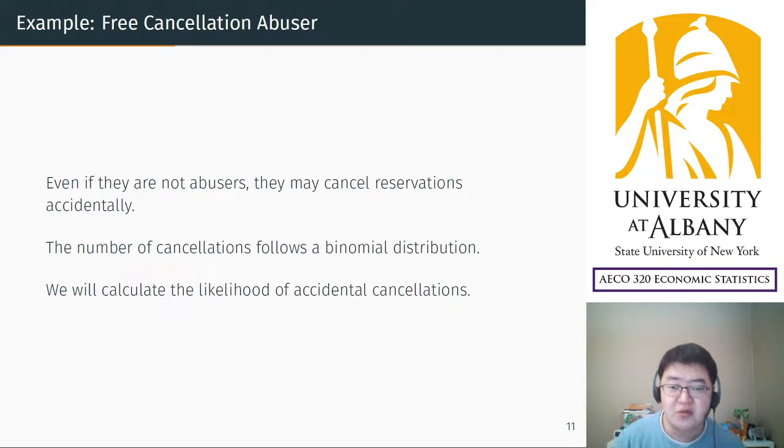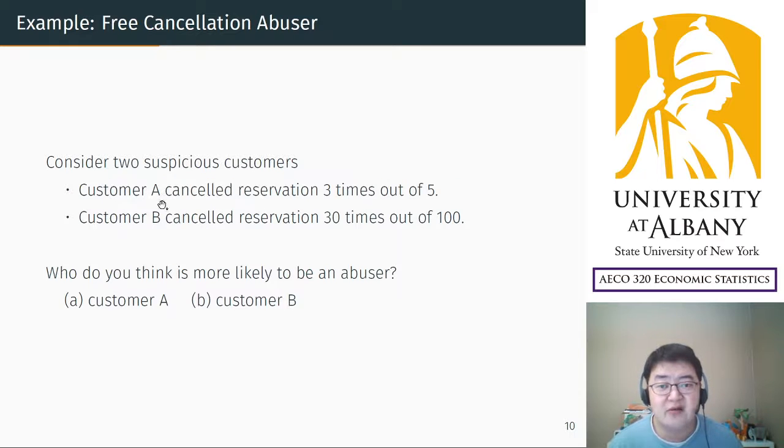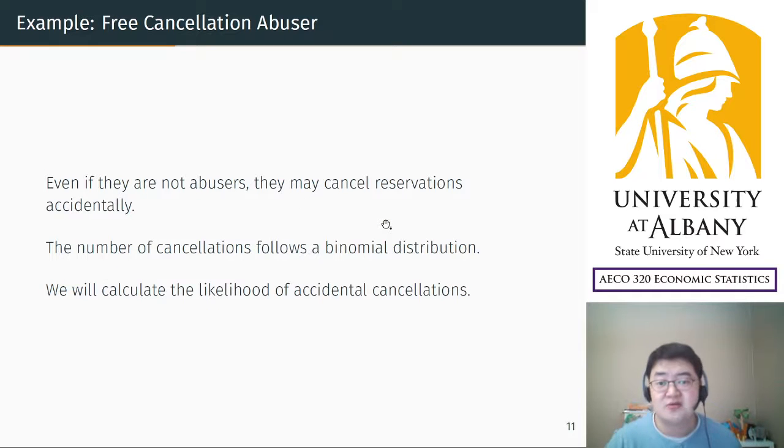What we are going to do here is use this binomial distribution and calculate the likelihood of accidental cancellations. So what is the likelihood of a customer who made 5 reservations canceling 3 of them? We can calculate that probability. So think about that.